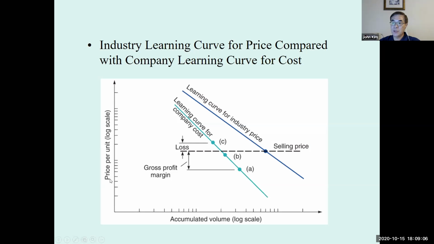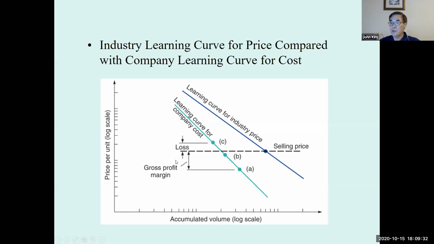Then price per unit is high the first time, then the typical learning curve decreases like this. So production cost decreases like this if the volume increases. And also the industry price decreases like this.